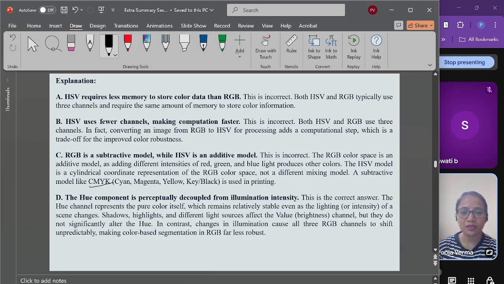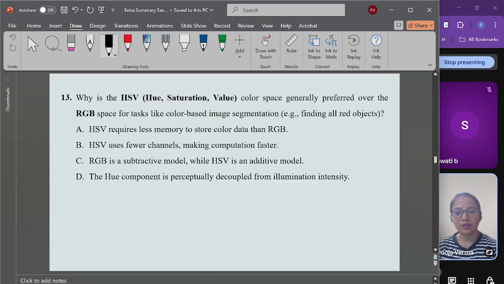In contrast, changes in illumination cause all three RGB channels to shift unpredictably, making color-based segmentation in RGB far less robust. So option D is the correct answer. All other statements are incorrect, as we have already described.